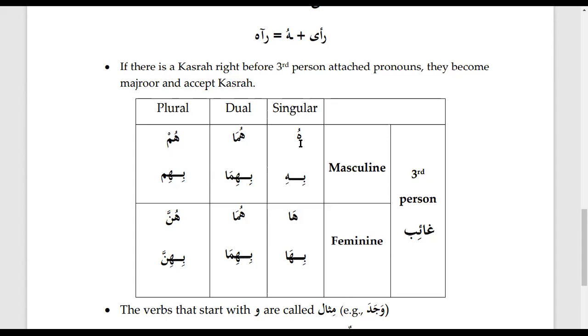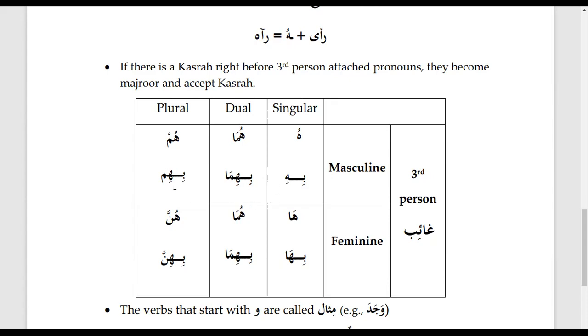Excellent. So whenever we have kasra right before the third person attached pronouns, as you can see here, they become majroor and they accept kasra. For example, hu changes into hi. So we can see here bihi. And huma changes also, the dhamma changes into kasra, bihima, and hum changes into him as well, so it becomes bihim.